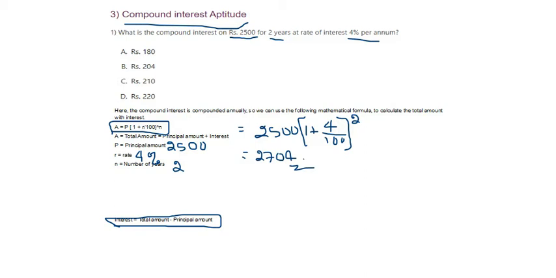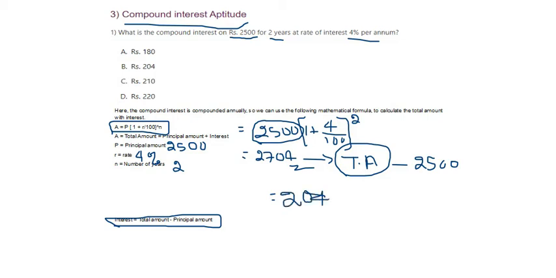So this is nothing but your total amount, and they have asked us for compound interest. So your compound interest formula is nothing but the total amount minus your principal amount, which is nothing but 2500. So when you subtract this, this is how you get the compound interest amount.